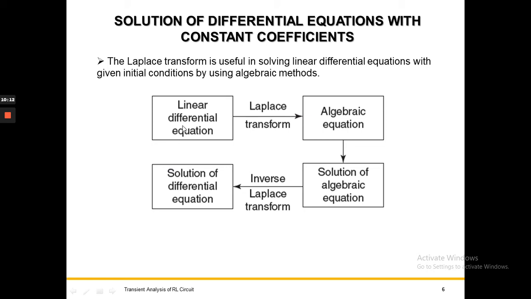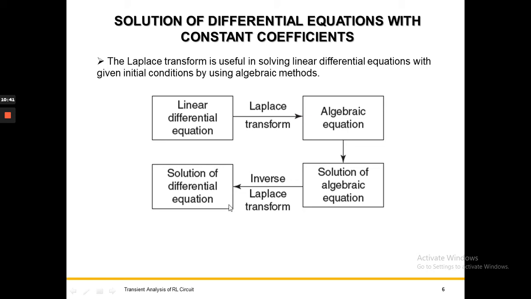First you represent your network using a linear differential equation, then take the Laplace transform, then do the algebraic manipulation, apply the initial conditions, and then take the inverse Laplace transform to get the solution of that differential equation. That will be similar when the order of the differential equation is higher.